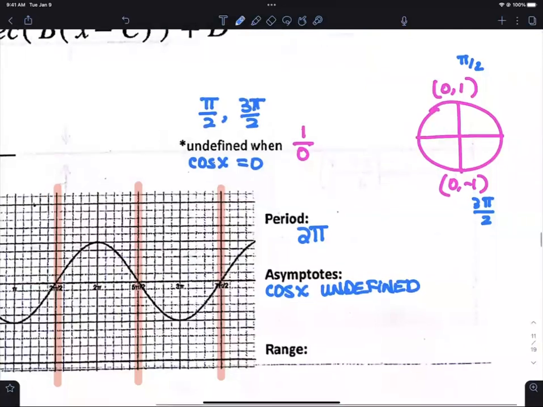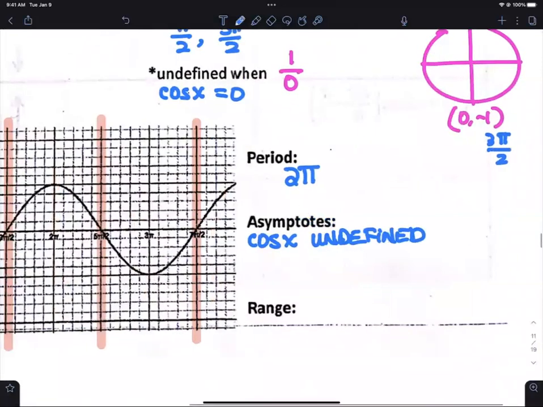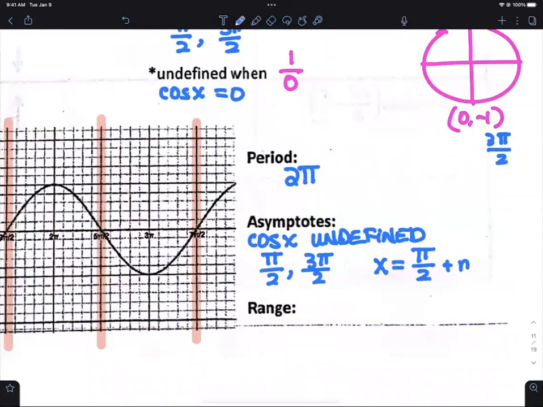The asymptotes occur where cosine x is undefined, at spots like pi over 2, 3 pi over 2. Mathematically, you would say x equals pi over 2 plus n pi. That takes care of all the iterations starting at pi over 2.